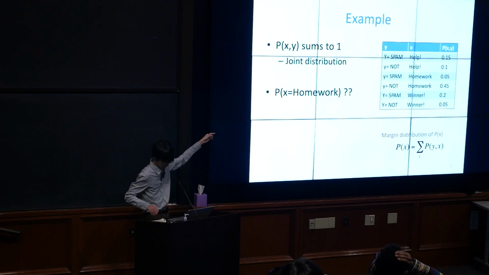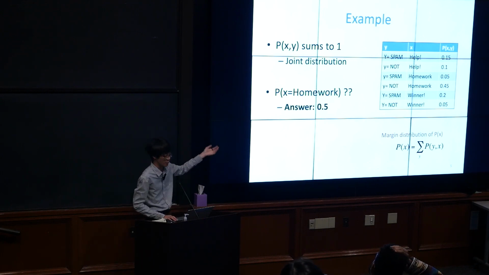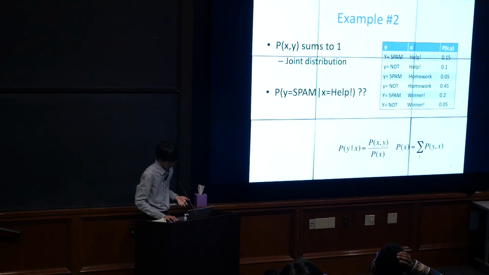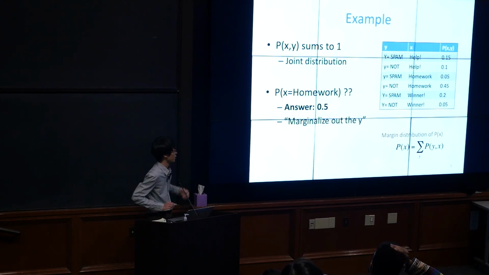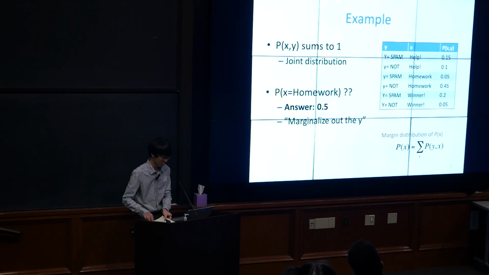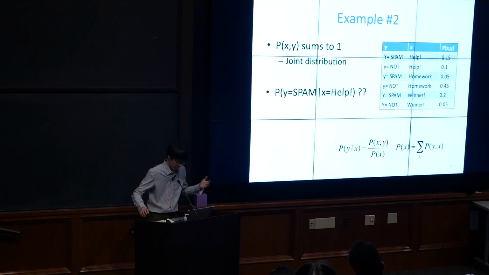You can shout it out. 0.5, yes, you just add them together. You can think of it as just marginalizing out the y. I'm not going to talk more about that. That's pretty straightforward. Another example, and we're just establishing that having this joint distribution is useful.